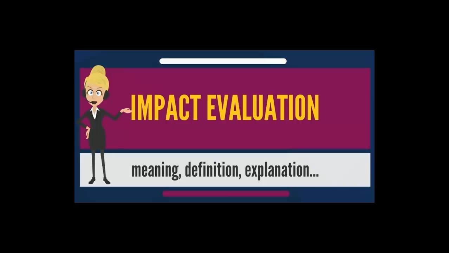This involves counterfactual analysis, that is, a comparison between what actually happened and what would have happened in the absence of the intervention. Impact evaluations seek to answer cause and effect questions. In other words, they look for the changes in outcome that are directly attributable to a program.